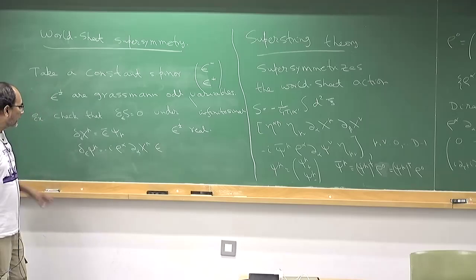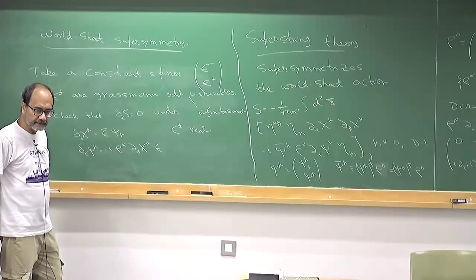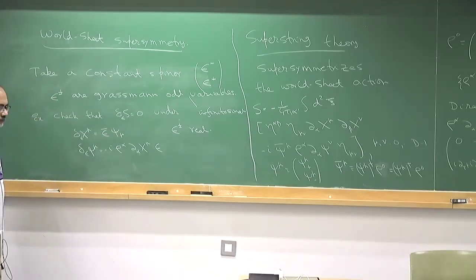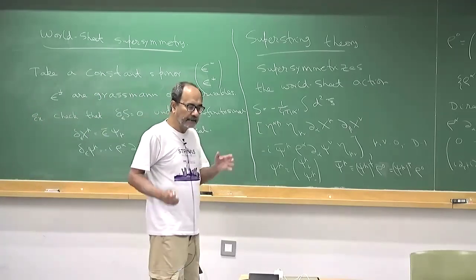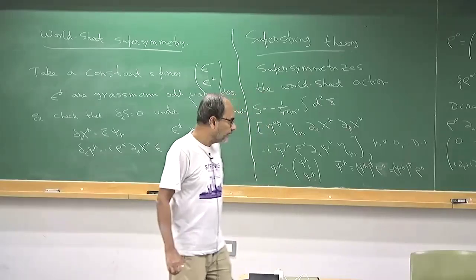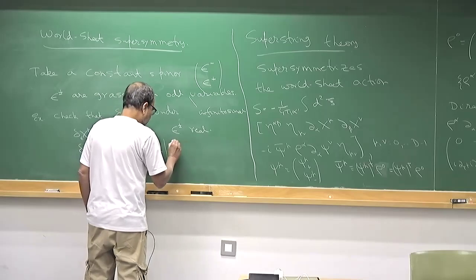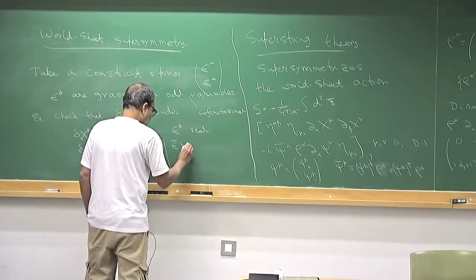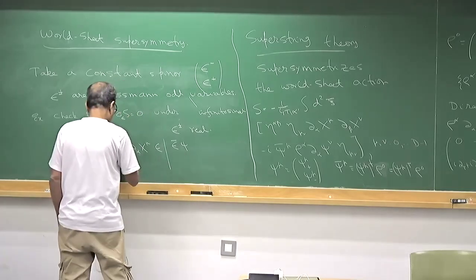With that, you should be able to show that under this transformation, delta epsilon S is equal to zero. And for this, you have to also use the Grassmann odd property of these various fields. For example, you will encounter things like epsilon bar psi mu.